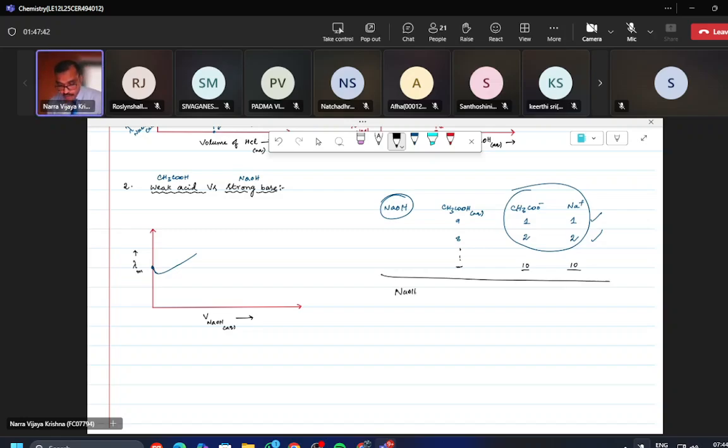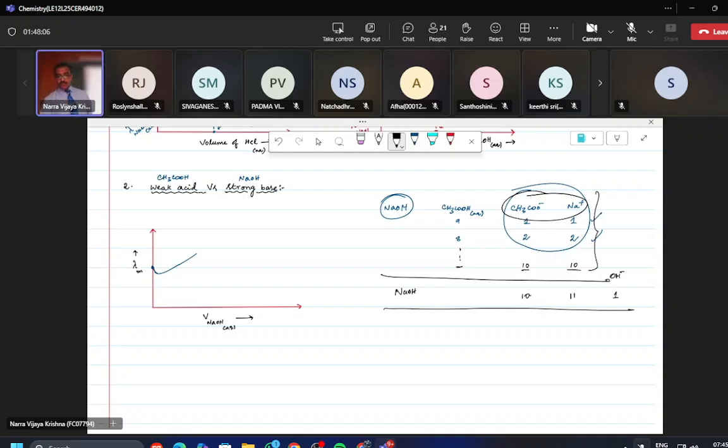Second, another mole of NaOH. Then what happens to total number of Na plus? 11. CH3COO minus 10 only. OH minus 1. What happens to conductance? Up to this extent, due to ionization of CH3COONa, conductance keeps on increasing.